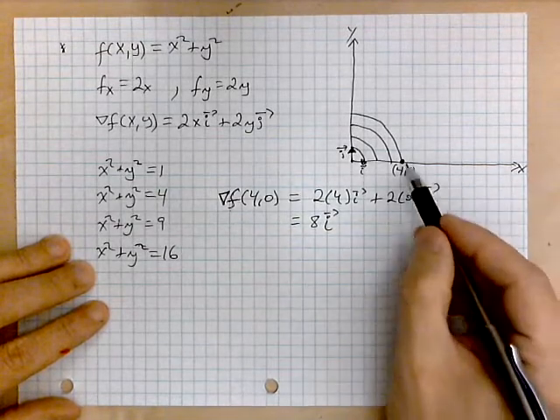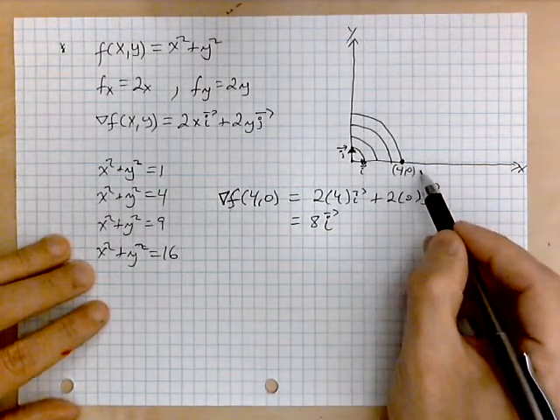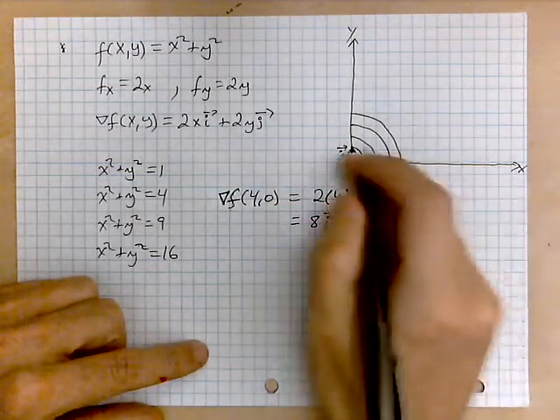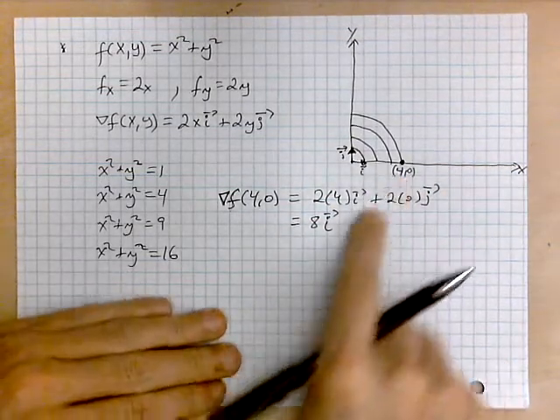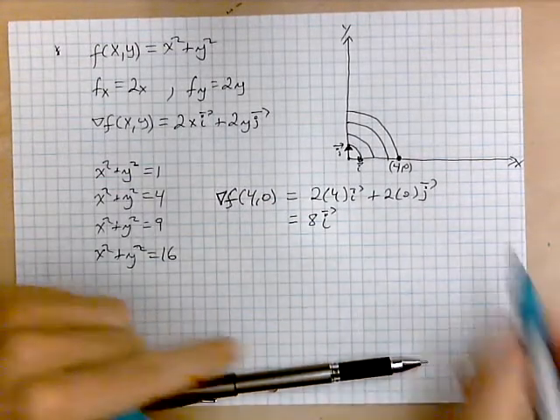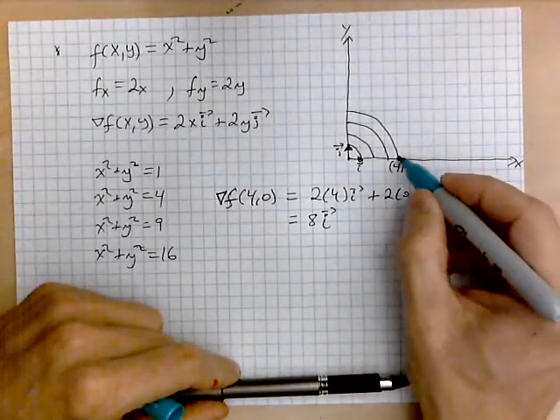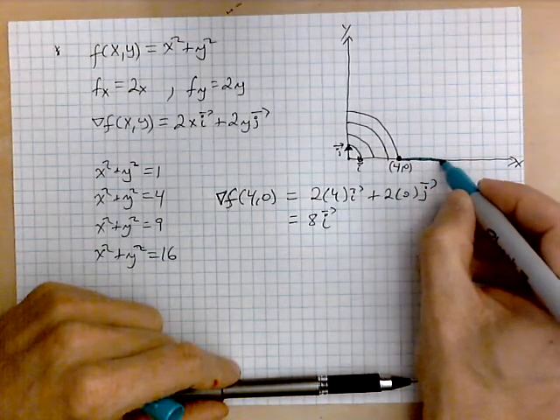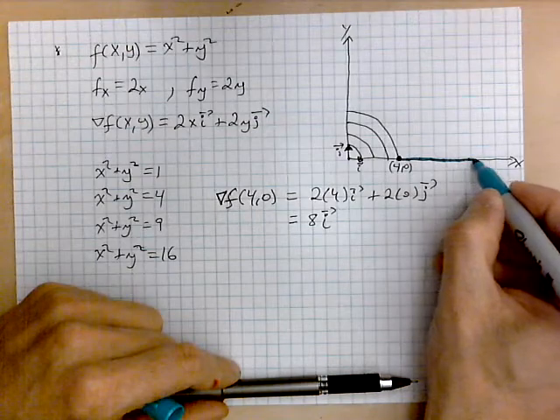So here what you would do is draw from the point 4, 0, and that's 8 i's, so that means you will go 8 to the right starting from the point 4, 0. So let me draw that in. That will take us all the way to positive 12. So that's 4, 5, 6, 7, 8, 9, 10, 11, 12.